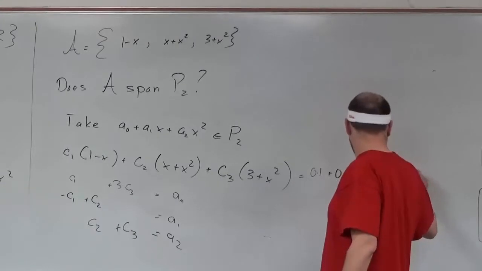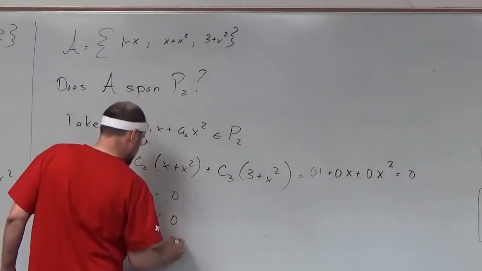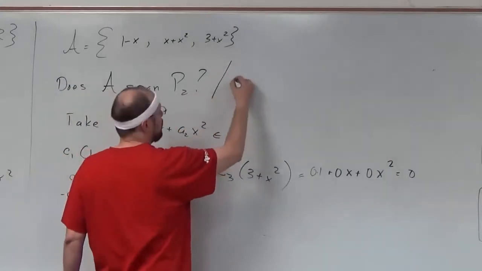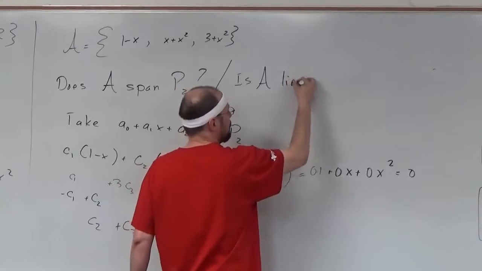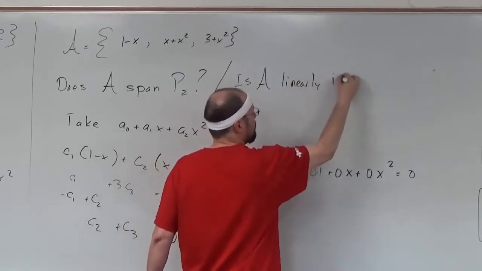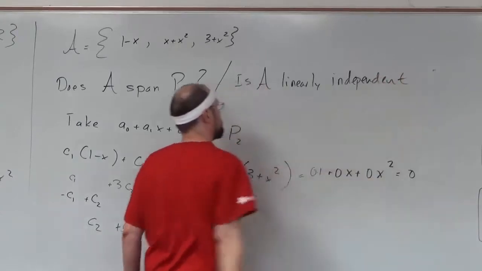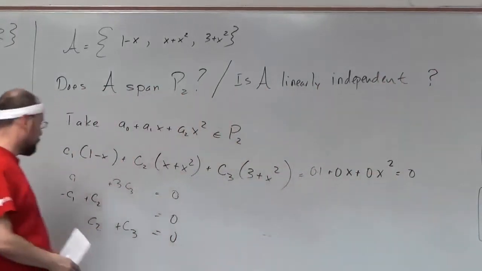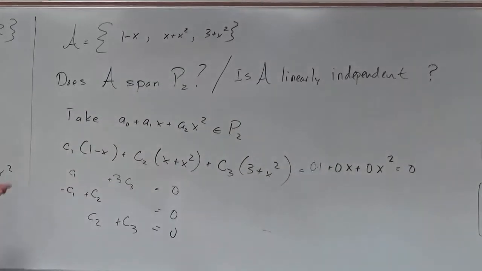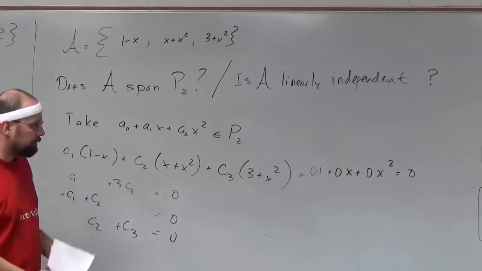That's the 0 polynomial. So if we change the question to, is the set a linearly independent set of vectors, then you could set this combination equal to the 0 vector and solve the system.